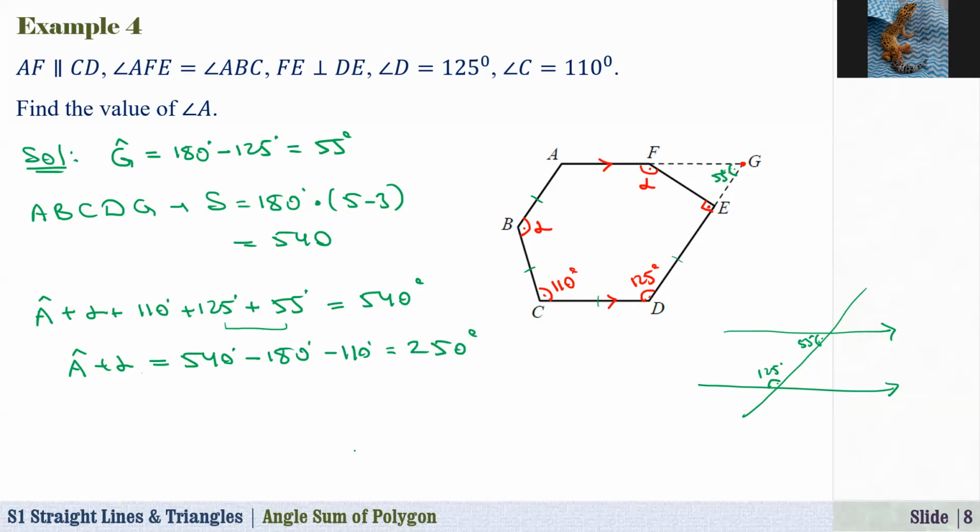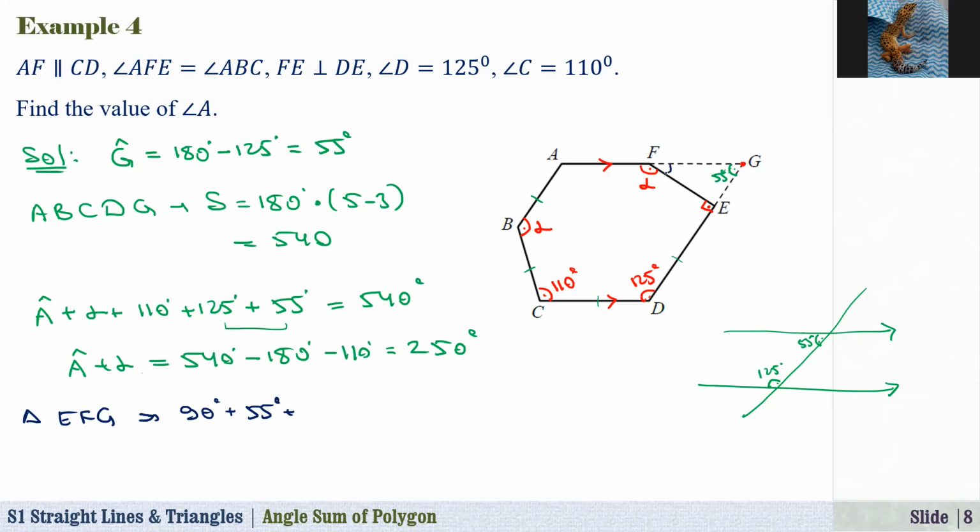Okay. On the other hand, how can I find alpha? If you look at the triangle, we can find a triangle EFG, right? And in the sum of the interior angles, angle E is equal to 90 degrees and angle G is 55 degrees.